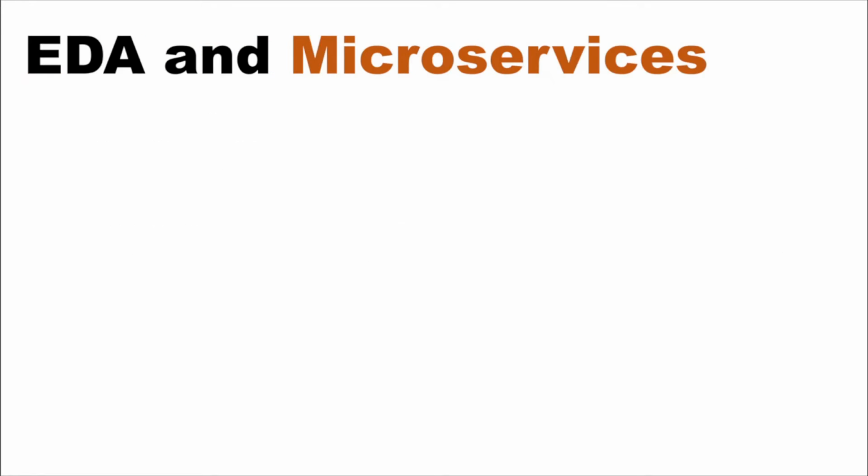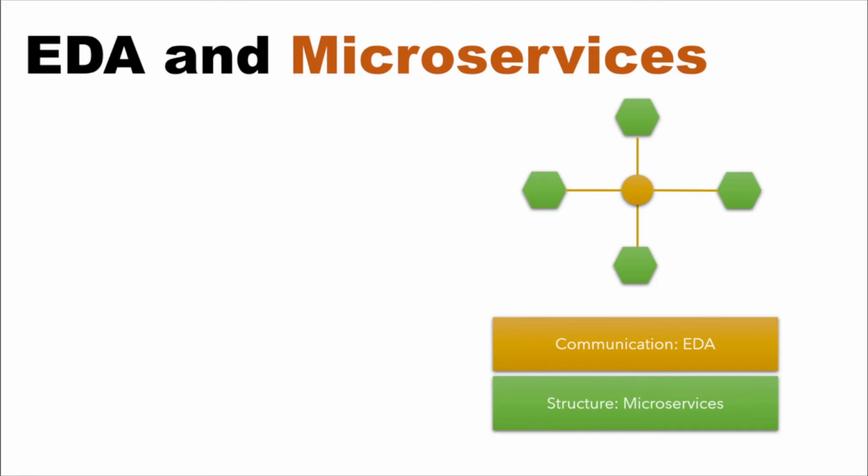The next topic I want to cover is how event-driven architecture and microservices work well together to offer the benefits that we expect from modern software architectures. You can think about microservices as the way you structure the components of a system and its subsystems, and the event-driven architecture is how those components can communicate together.